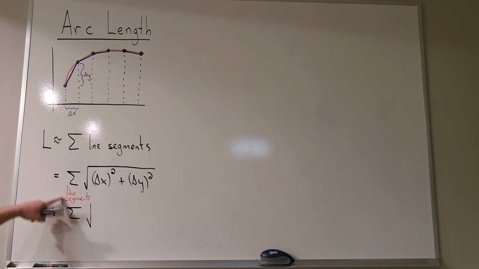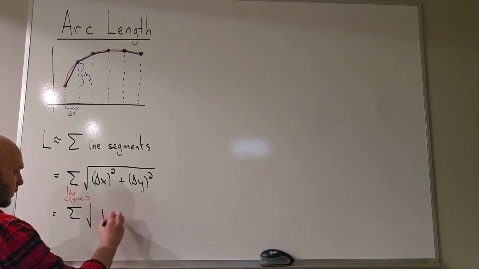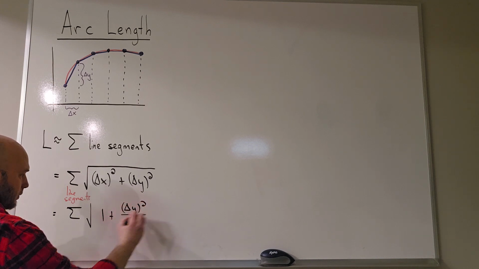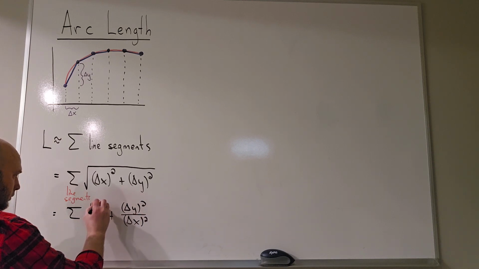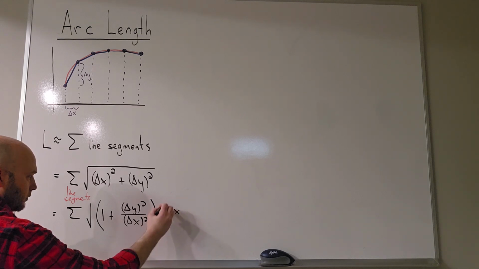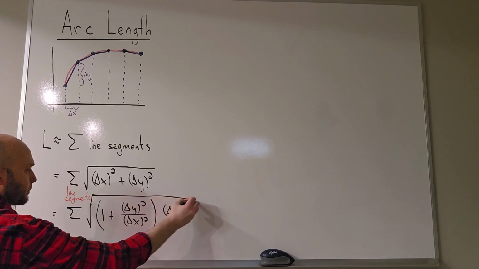I'll just leave that one here and I won't write in the rest of the sums just because it gets messy, but it's the sum over all line segments. So when I factor this term out, I would have 1 plus, and this is all under the same square root.